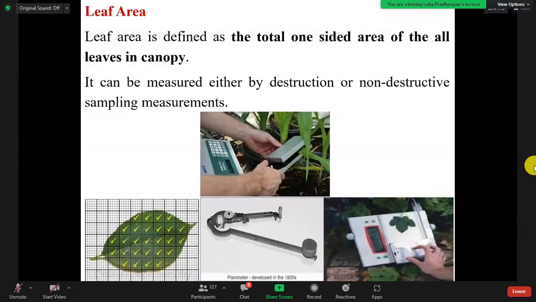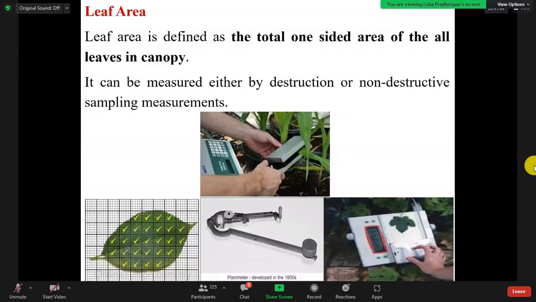Destructive method means we have to remove the leaf from the plant and bring that leaf to the laboratory and get the measurement. So that is the destructive method. We are detaching the leaf from the plant.